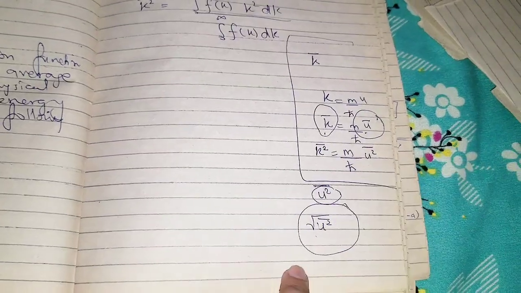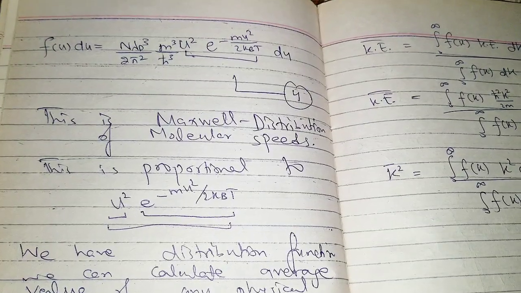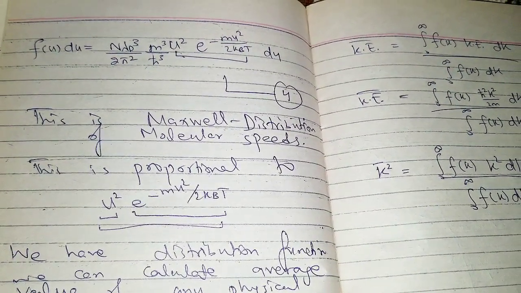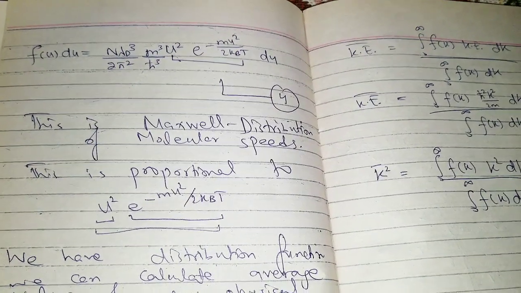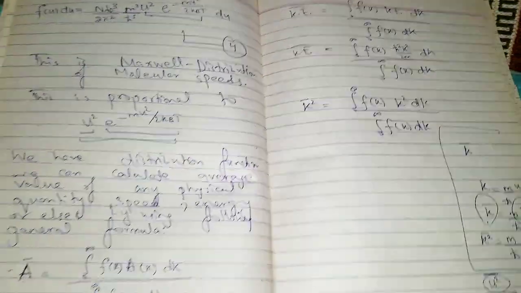We'll derive all of these results, because we have already derived the Maxwell distribution function, the main guest of the video. So we have introduced it to you, and let us do the rest of the things in the next video.